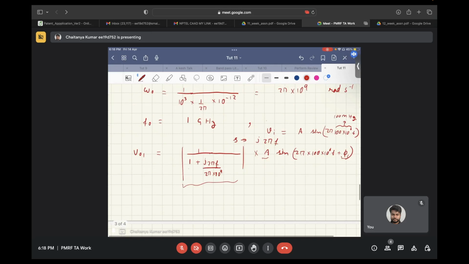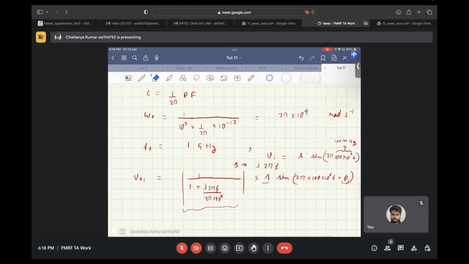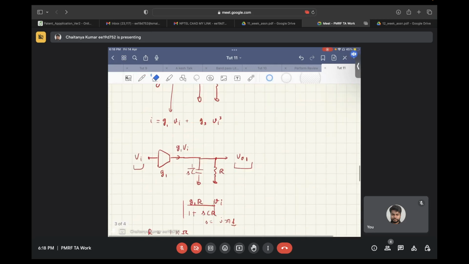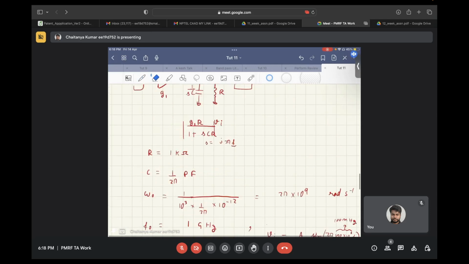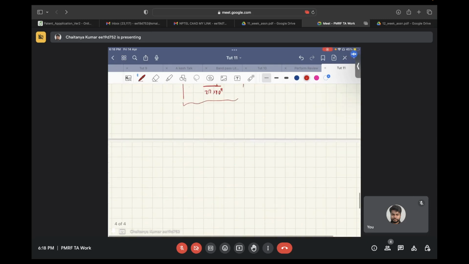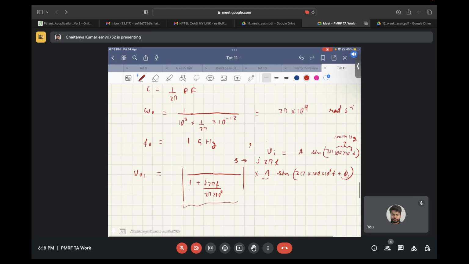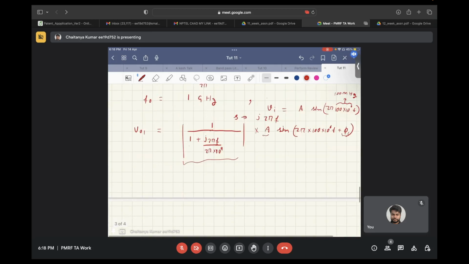Okay, so let's say G1 is 1 millisiemens in this example. 1 kilo ohm, so they cancel and 1 will be the answer, right? Yeah, so it will be 1 over here, and now you can substitute the values.